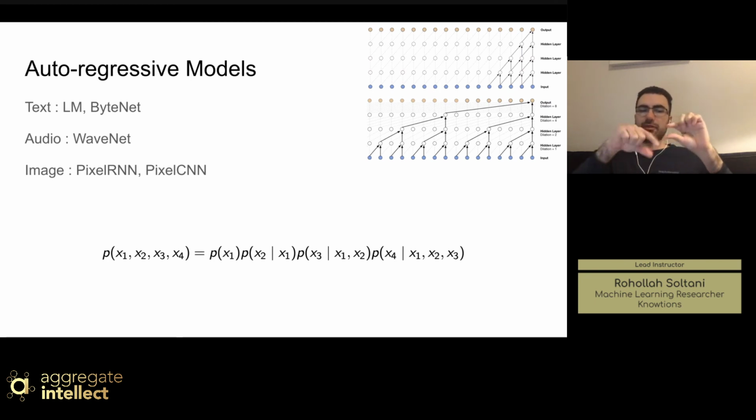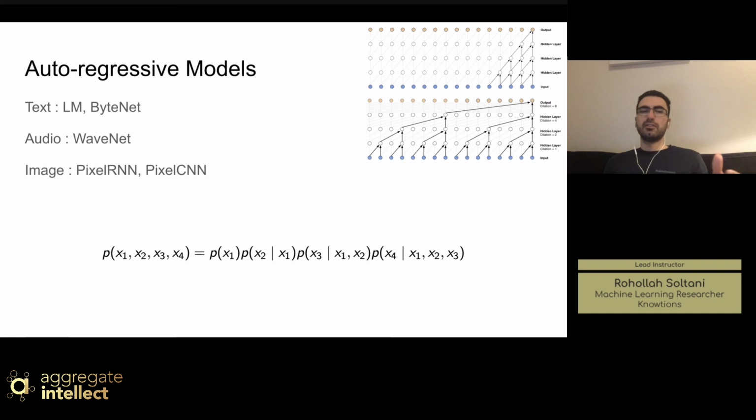So you can have a list of all the dimensions, and then just by using the chain rule of probability, you can factorize that joint distribution over these n dimensions. So then you can say the probability of x is equal to the probability of x1 times the probability of x2 given x1, and so on. And then you can say, if I can compute all these things and multiply them, I should be able to learn the distribution of it. And using that simple technique, lots of models have been created.